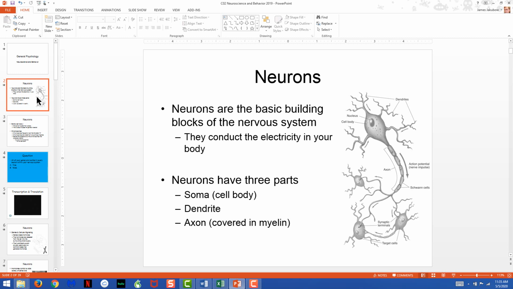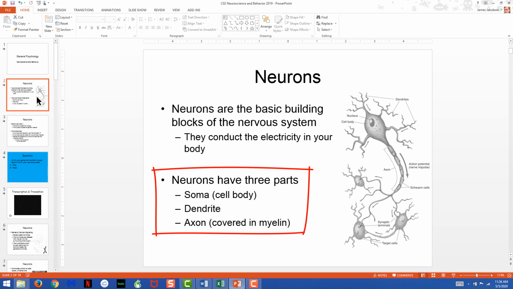Now, the neuron has three basic parts to it, and this is going to be true regardless of the neuron you're looking at. So if you look at neurons in your brain or in your spinal cord, in your arm, in your leg, or in your pinky toe, they all have the same general characteristics, and that is these three anatomical parts: a soma, a dendrite, and an axon.